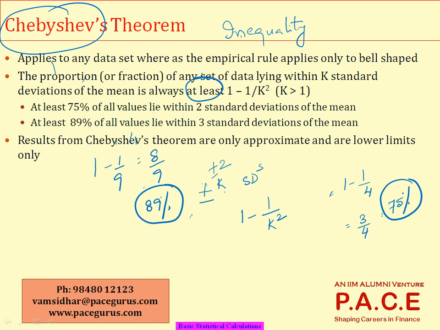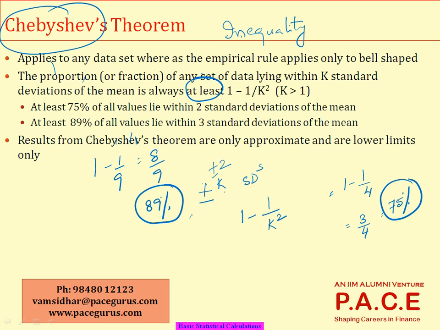So it only talks about a minimum value, a lower limit: at least 89% will be lying. So it could be 90, 95, 99, as in the case of a bell-shaped curve, where we have seen 99.7% of the data lying. So this is one more theorem which says what is the minimum proportion of the values that lie between plus or minus k standard deviations from the mean.